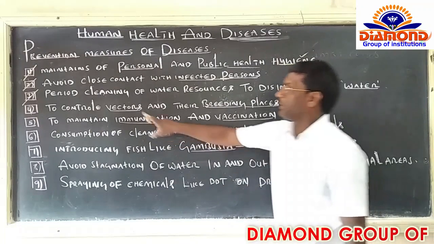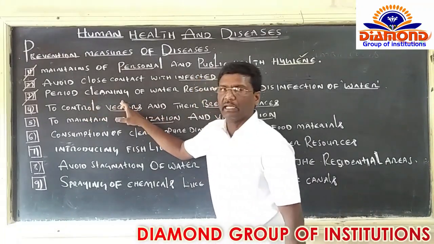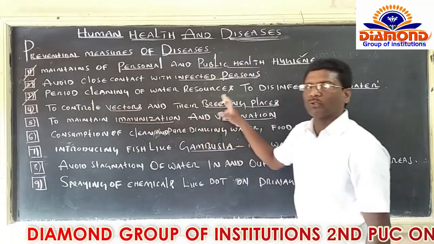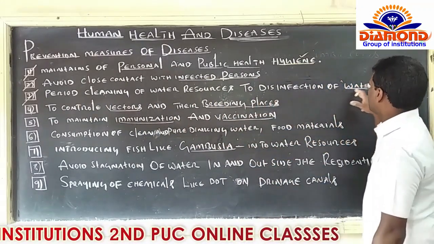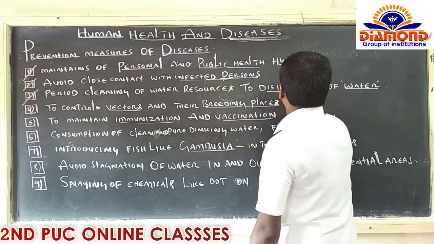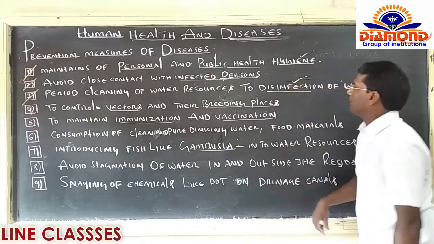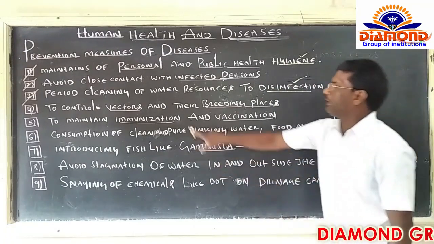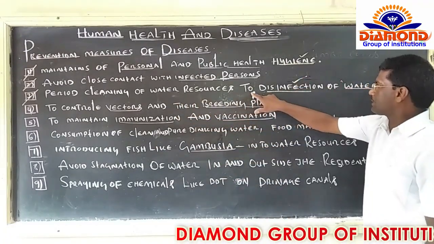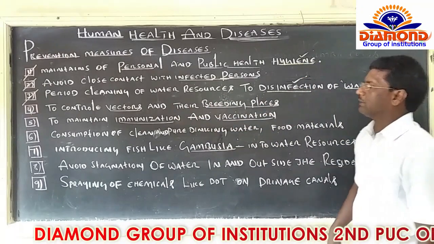That means periodic cleaning: time to time we clean our water tanks. According to that, whatever infection is present inside the water, the microorganisms, will be killed. This is the meaning of periodic cleaning of water resources to disinfect the water, right?